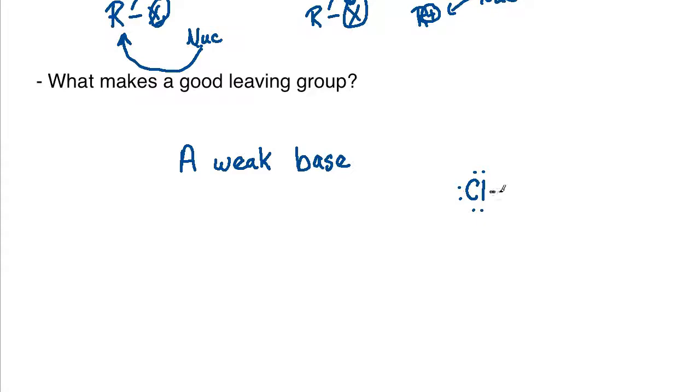Cl can be attached to some R group. The chlorine leaves, taking the electrons from the covalent bond with the alkyl group along with it, and then we have a full octet on the chlorine in the valence shell, right? And it's got a negative charge in solution. So, how can we look at this in regards to this being a weak base?